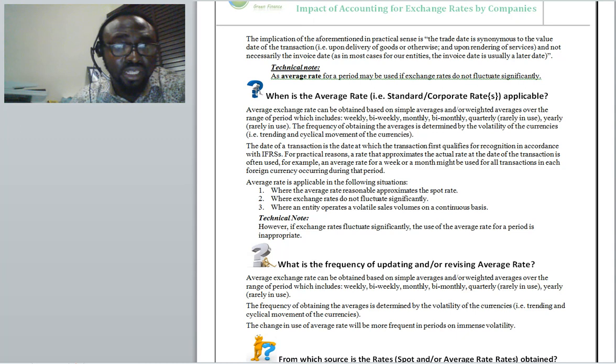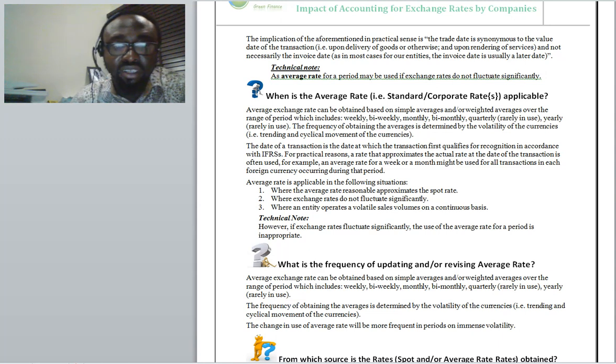Which means if there is a spike in the exchange rate between Naira and dollar, so that Naira could move from 400 to 450 down to 420 up to 500, it will be advisable that weekly rates might be appropriate, unlike using a monthly rate. And sometimes it might force you to go back to spot rates in order to avoid misrepresentation of the financial performance and position of the entity.